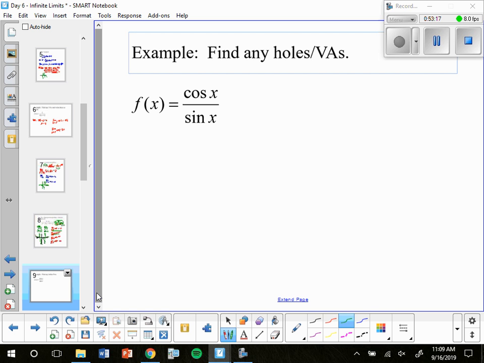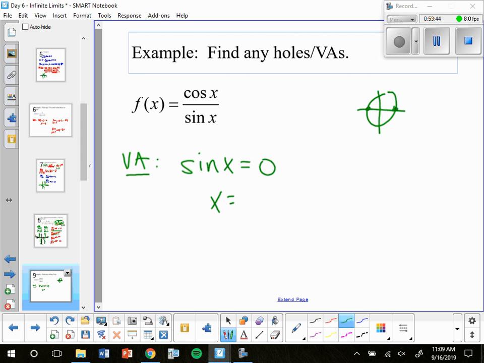But I know that vertical asymptotes occur when what equals 0? The bottom. So I'm going to have a vertical asymptote anytime sine equals 0. When does sine of x equal 0? If we look at our unit circle, at 0, and then again at where?